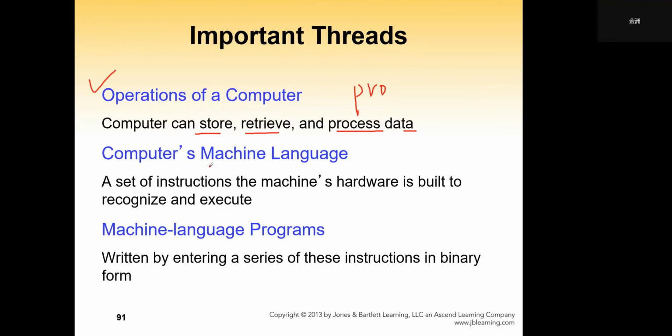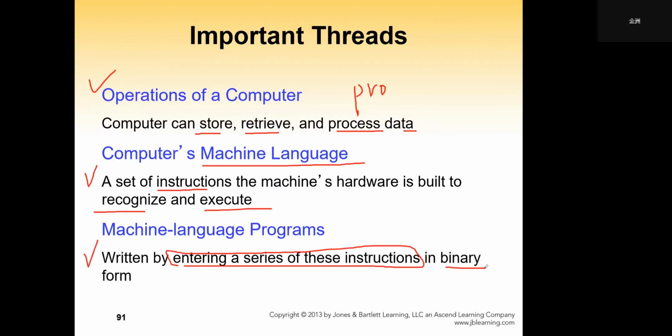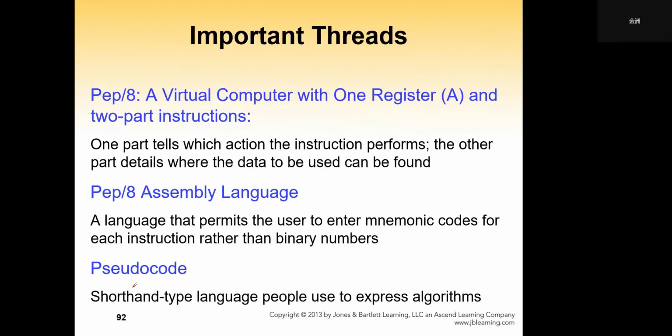Then, what is the computer's machine language? It is a set of instructions that the machine's hardware is built to recognize and execute. Third, machine language programs are written by entering a series of instructions in binary form. I hope all of you can remember these take-home messages.